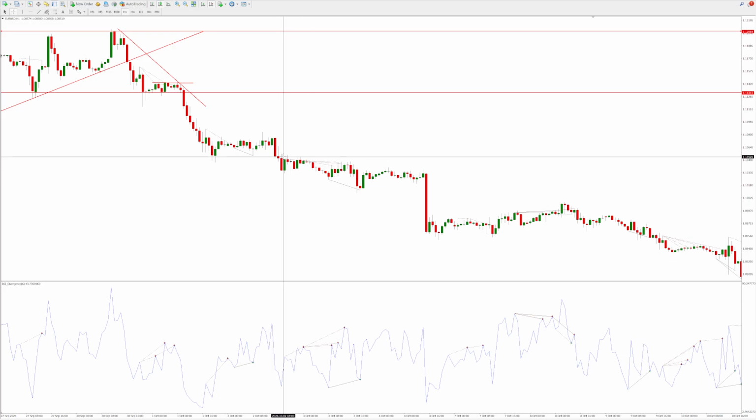On the other hand, during this pullback around this way, we have the bearish divergence. Again, red arrows, lower highs. So we could have been thinking around this area that, okay, the RSI is showing us the divergence to the downside. We're having a slight pullback around this area.